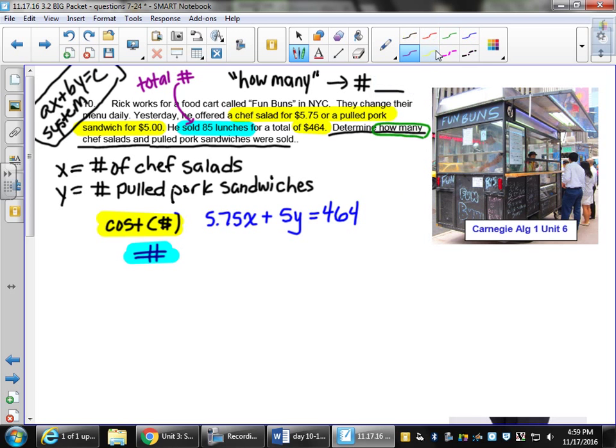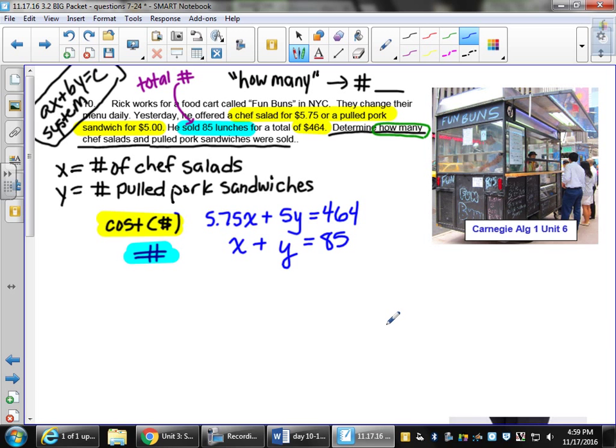The number of chef salads, which is represented by x, plus, I'll keep it blue to make it match, the number of pulled pork sandwiches, which is y, equals a total number of 85 lunches sold. Number plus number equals total number. And now we're ready to solve.